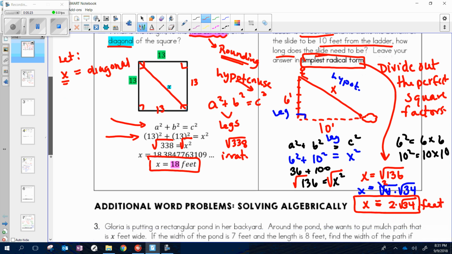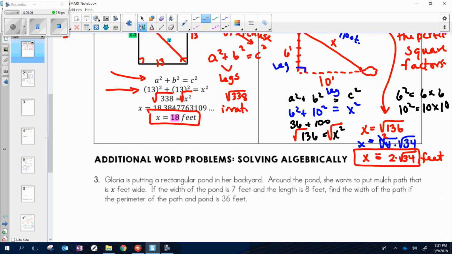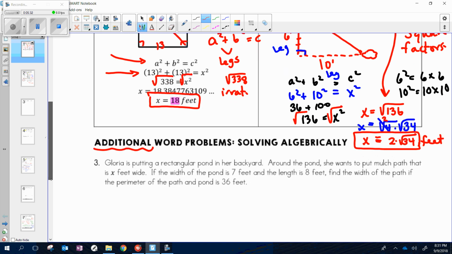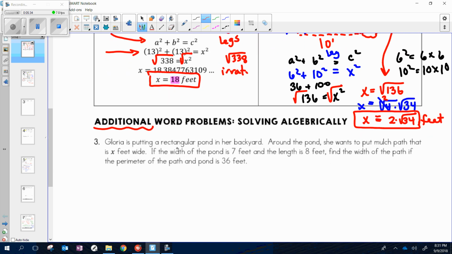But anyways. All right, additional word problems. This one is not going to necessarily be a Pythagorean theorem. It's just a random additional problem. Gloria is putting a rectangular pond in her backyard. So right away, I draw the worst rectangle I think I've ever drawn.